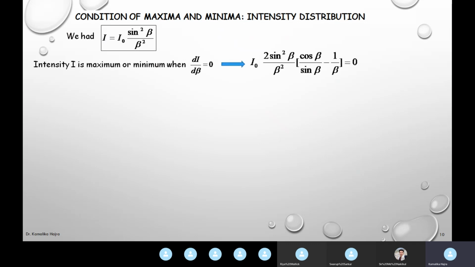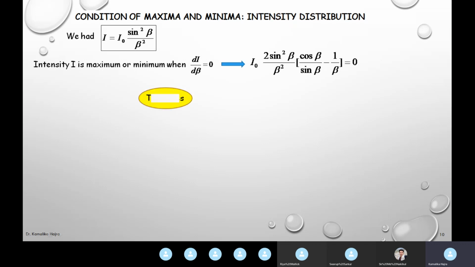And so I differentiate the expression of I with respect to beta, and I get this: I0 times 2 sine squared beta by beta squared, inside bracket cos beta by sine beta minus 1 by beta, equal to 0. So clearly the condition is given by the product of two terms equal to 0.